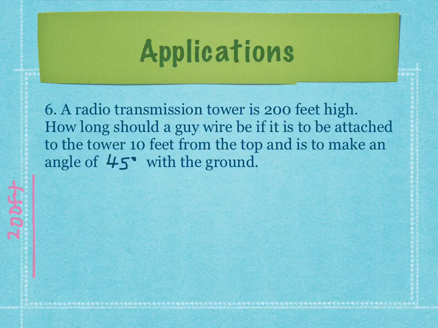So I'm not actually going to attach a wire at the top of this tower. It's 10 feet from the top, so maybe about right here. Which means that what's left here is 190. So this piece is actually going to be 190 tall now, right?